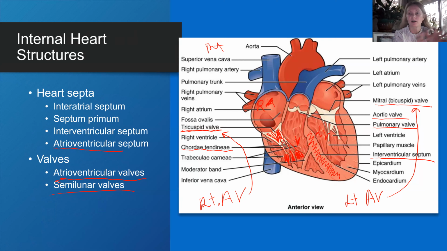So that's like 3 parts. And both AV valves have chordae tendineae, and the chordae tendineae are attached to papillary muscles, and this prevents the valve from collapsing back, protruding back inside the atria when the ventricles contract.